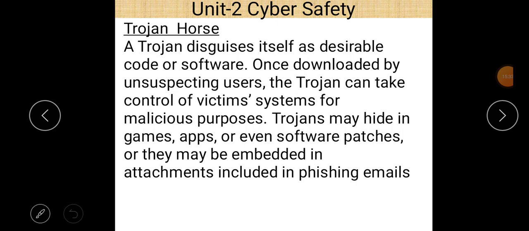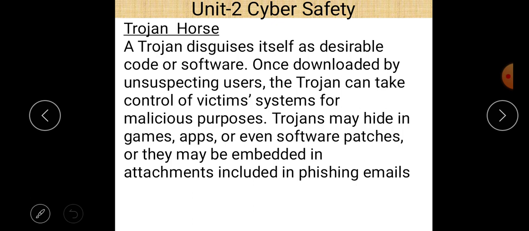Next is the Trojan horse. So what is a Trojan horse? That is one of the most dangerous malware. A Trojan disguises itself as desirable code or software. Once downloaded by unsuspecting users, the Trojan can take control of victim systems for malicious purposes.